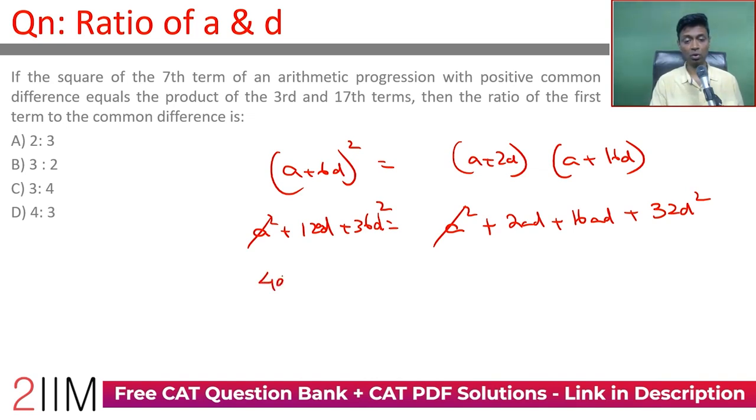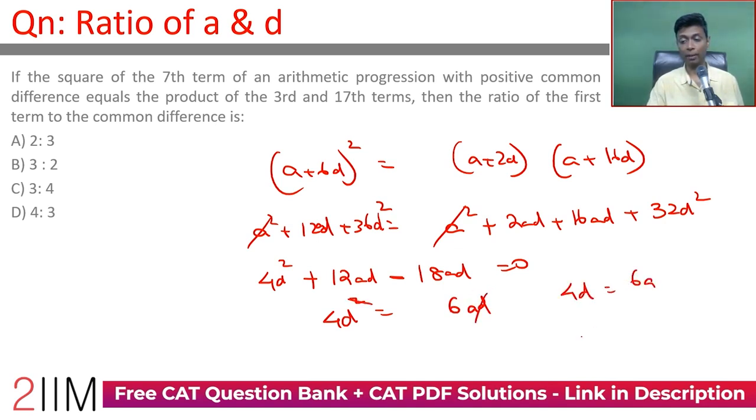So this is 4d square plus 12ad minus 18ad equal to 0, or 4d square equals 6ad. Common difference is not 0, so 4d equals 6a. We want to find a by d. This is 4 by 6, which is 2 by 3.